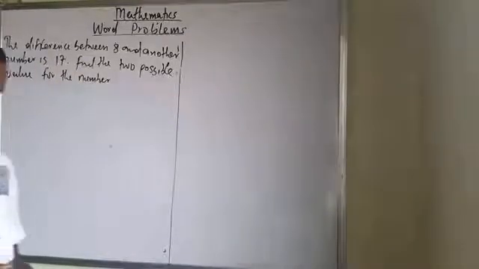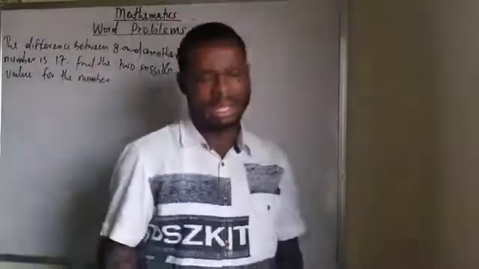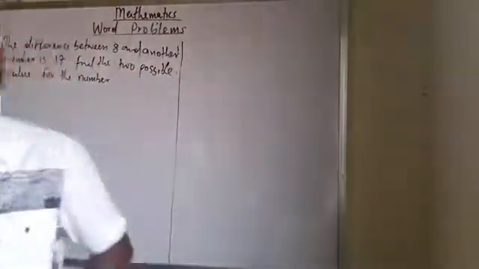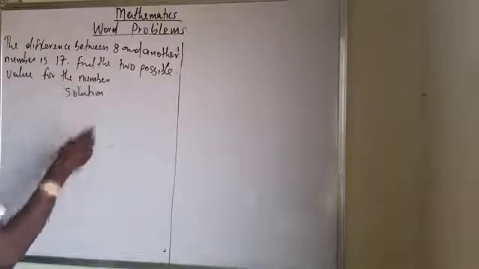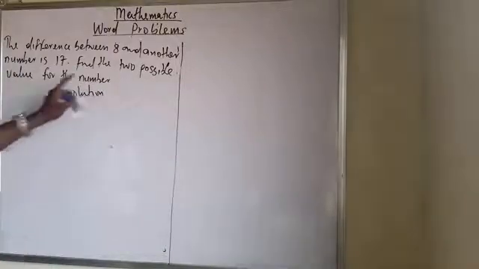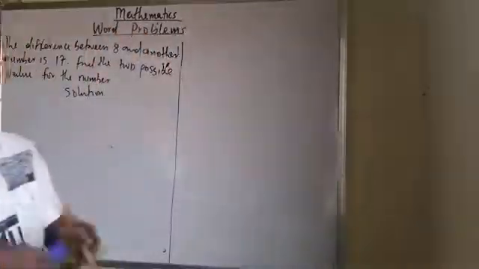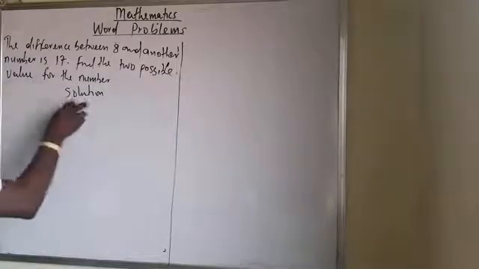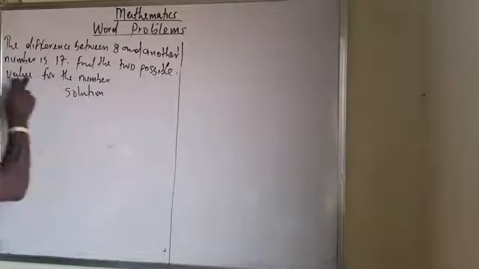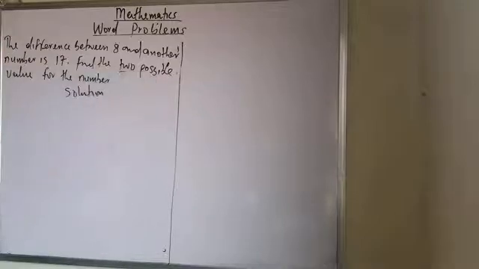You are looking for two possible numbers. Let me quickly explain it in a very simple way. The question does not have direction. It can be positive and it can be negative. That is why you have this word, two possible numbers, values.